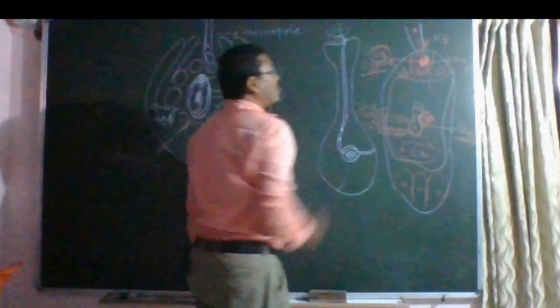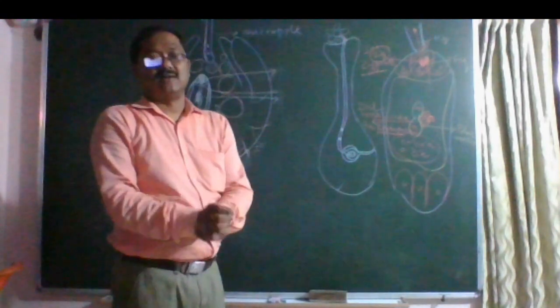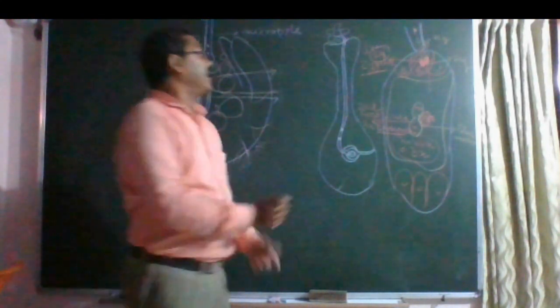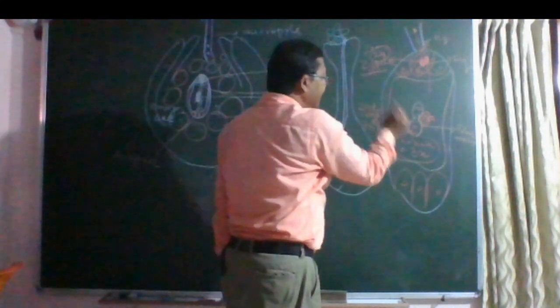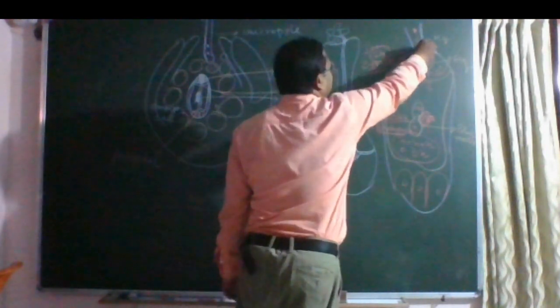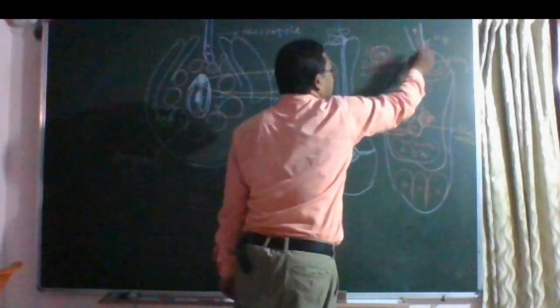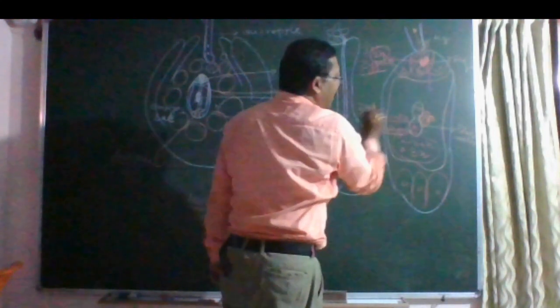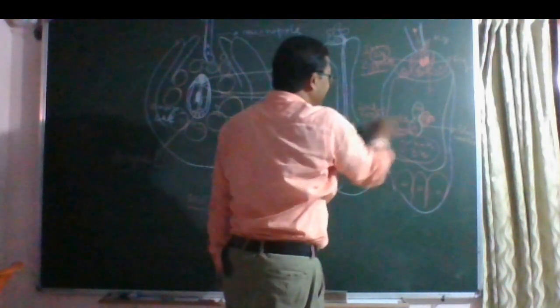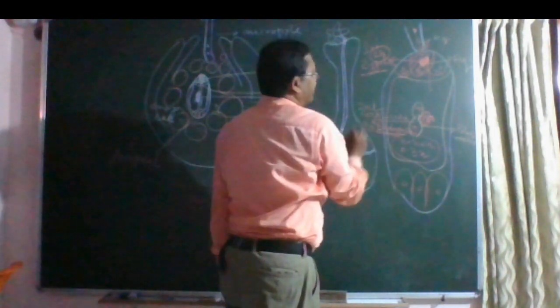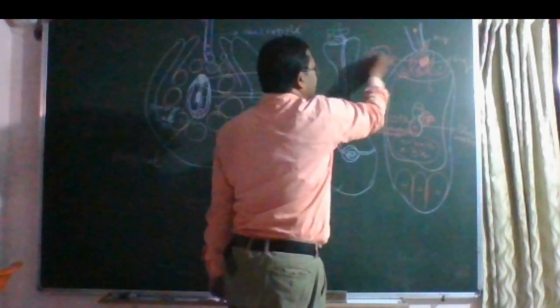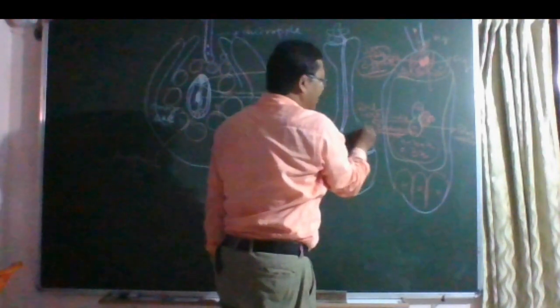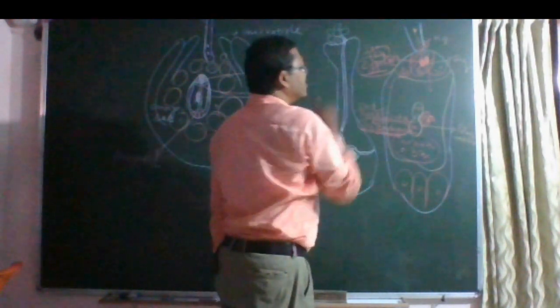So this is called double fertilization. Double fertilization means one male nucleus fuses with the egg, and the other male nucleus fuses with the polar nucleus, producing a triploid endosperm. The first fertilization produces a zygote, and the second produces a triploid endosperm.